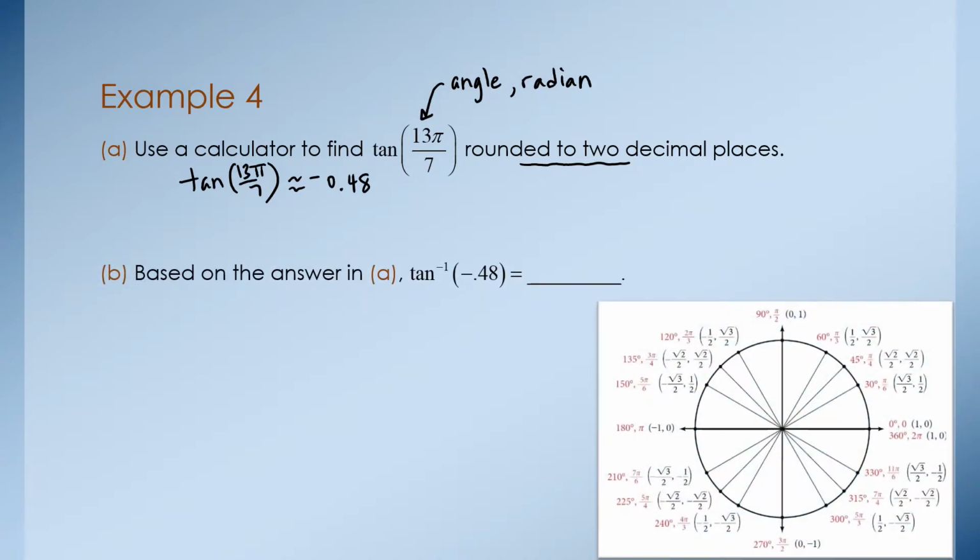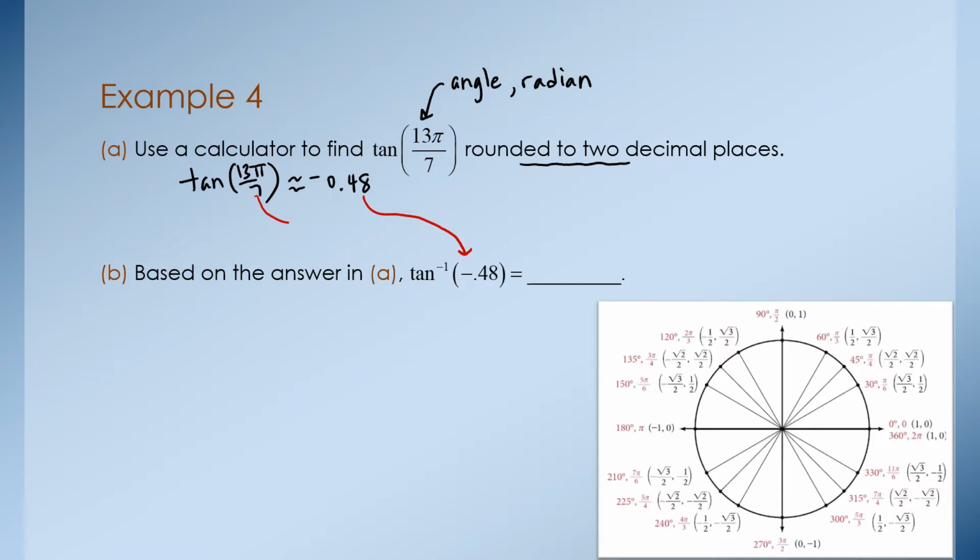Part B says, based on your answer in Part A, then what should the tangent inverse be of negative 0.48? Now you'll notice that negative 0.48 is now an input, where in Part A it was an output.